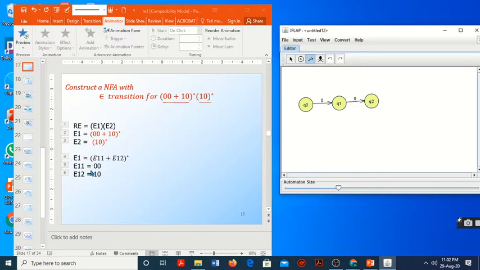Then similarly, E11 is in union with E12. So whenever we have a union, we will draw the second part of the expression below this given diagram. Therefore, 10 can be drawn below this.